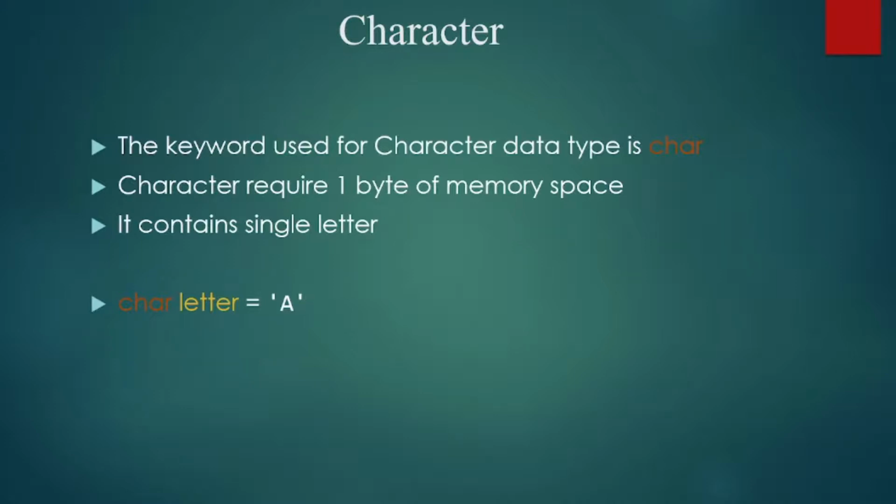So please make sure about this: when you are going to deal with a character, you have to put your value inside single quotes. Let's take a look at the second example. Here again, first of all, I am writing the data type char, and then I'm creating one variable and storing the value z inside it.